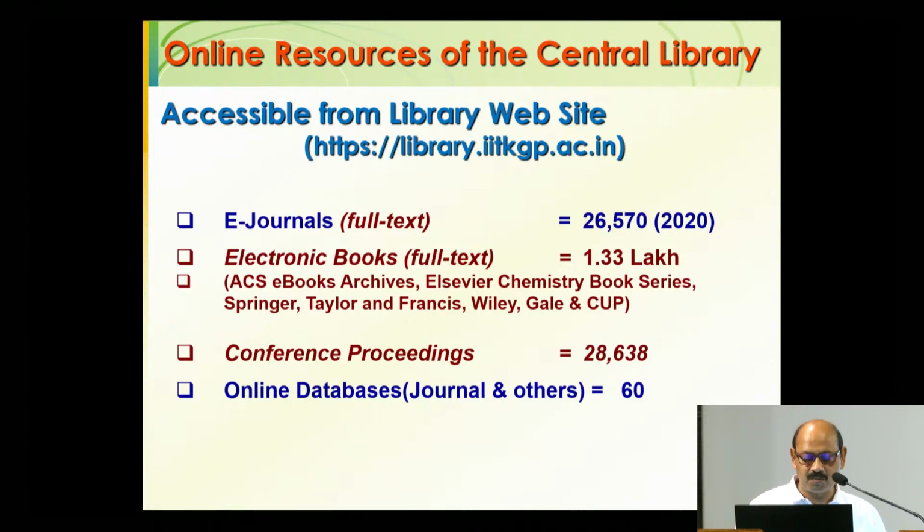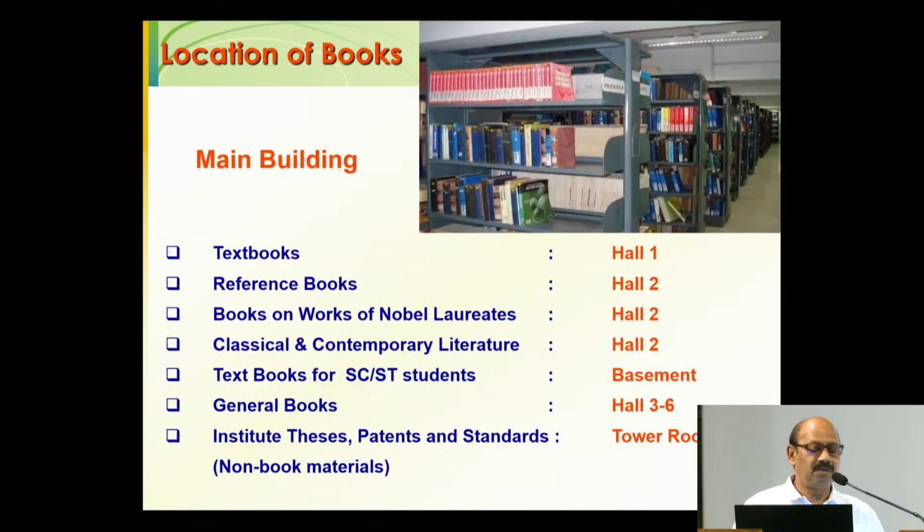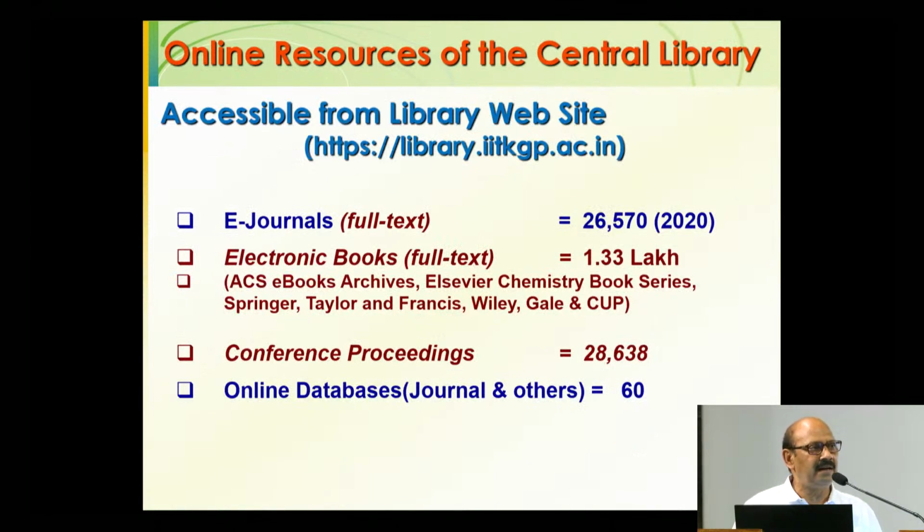We have conference proceedings and online databases. We have 60 different types of online databases, and we spend 23 crore rupees yearly on subscriptions to journals and purchase of books. It is a huge budget, one of the biggest library budgets. No other IIT has this much budget, because it is a big institution with a lot of departments, a huge number of students and a large number of faculty.